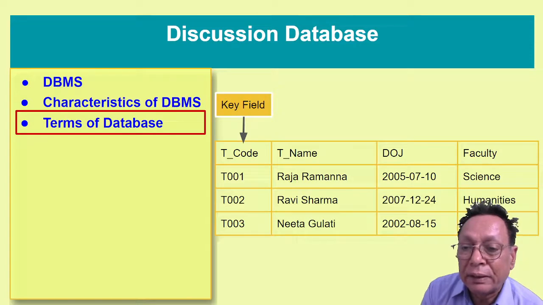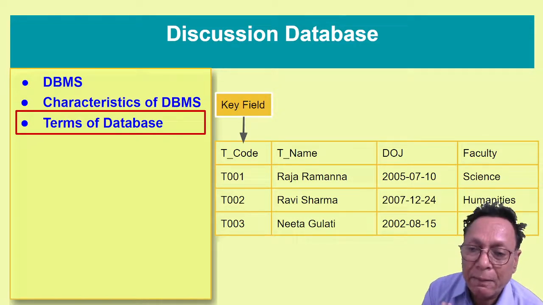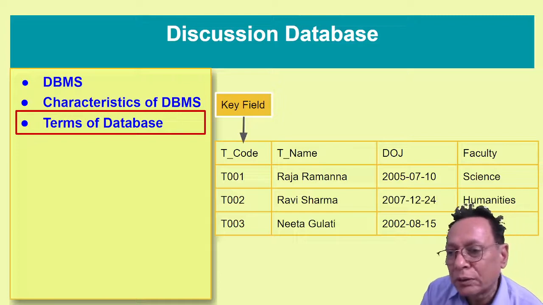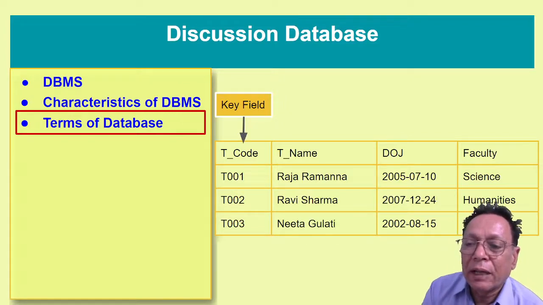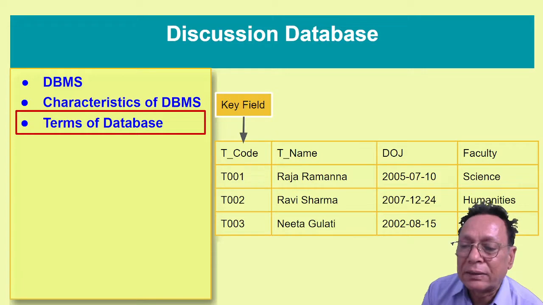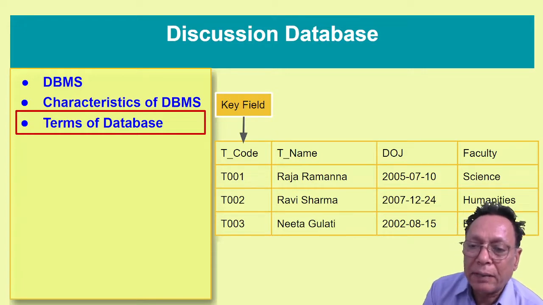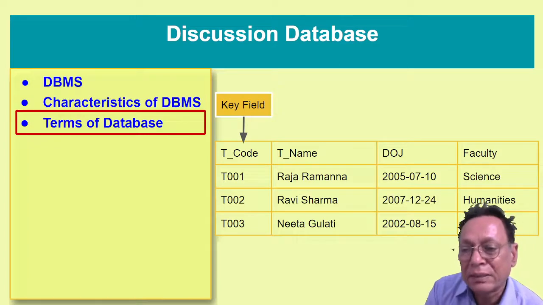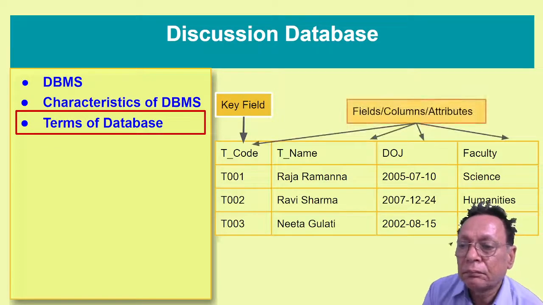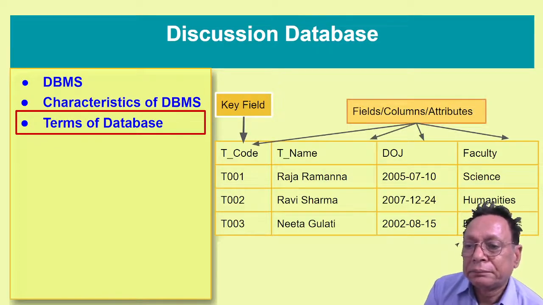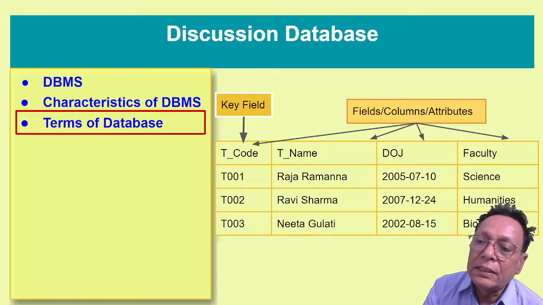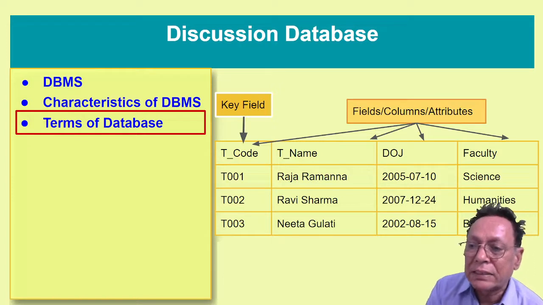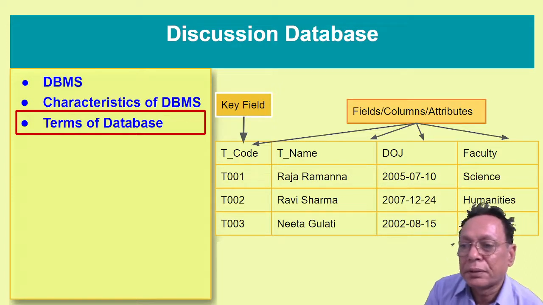Though this is a field, a key field means the important field, the primary key, on the basis of which all the non-keys can be fetched. So this is the primary key, the main key. All are keys, and these are termed as fields, columns, and attributes.